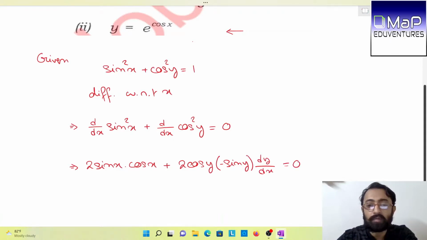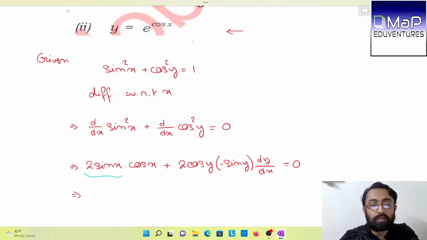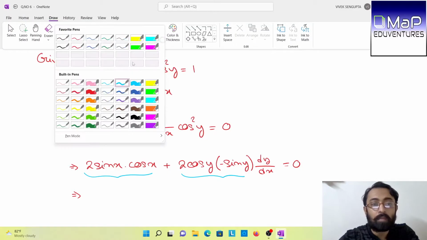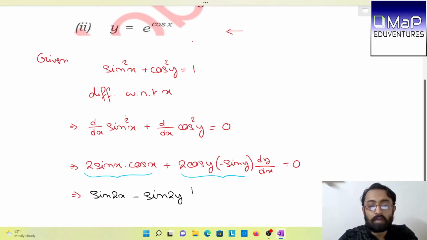Simple chain rule. So here we get dy by dx, but one thing we must notice: 2 times sin x cos x and 2 times sin y cos y, from these we get a trigonometric formula. So here it will be sin twice x minus sin twice y dy by dx equals to 0.